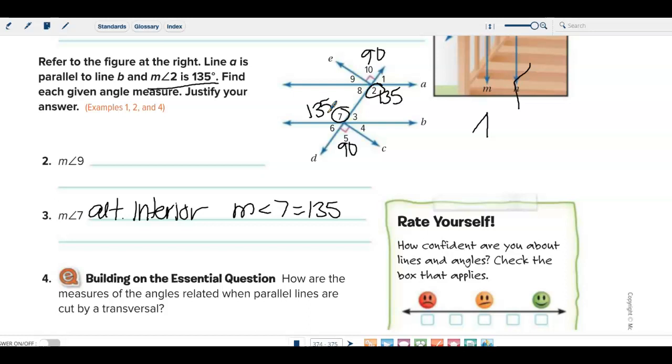I did it like 10 and 9 are the same as 2. So this angle right there is the same as 2. It's vertical. So both of those angles are vertical to 2. Does everybody see that?